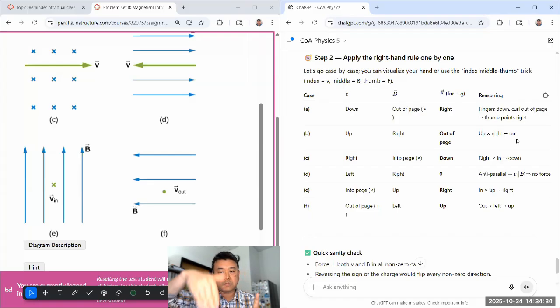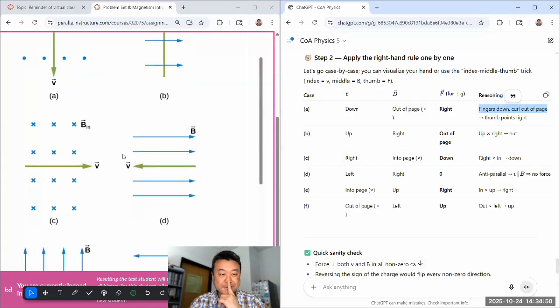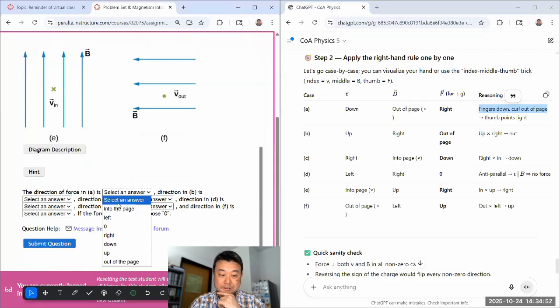Let me just do it. So it gave you the correct steps. Fingers down, curl out of the screen from your perspective, and thumb points from your perspective to the left, not right. So A, if I simply enter this, it's gonna be wrong.